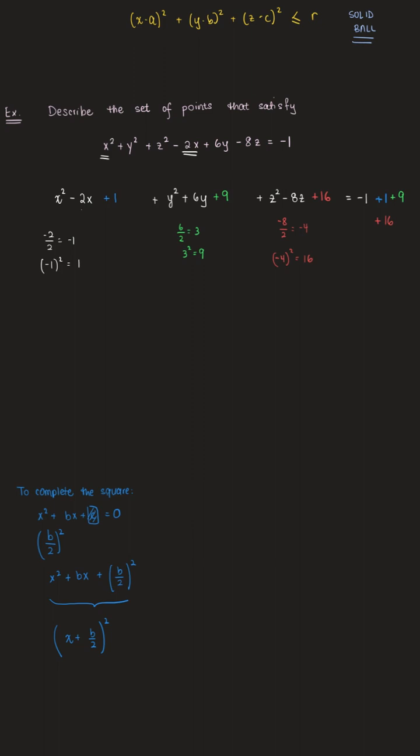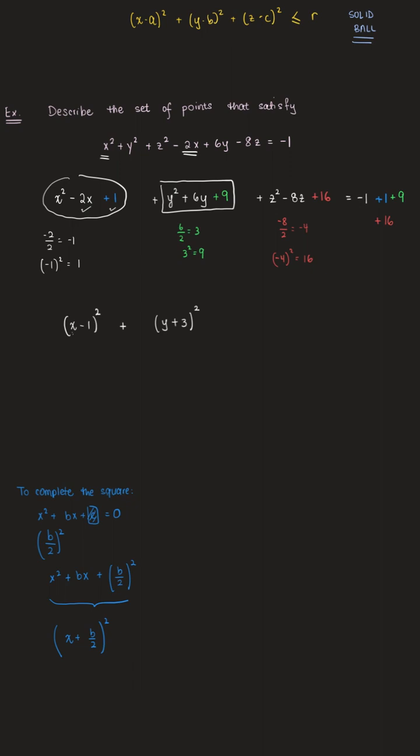For the first part, x squared minus 2x plus 1 will factor into x minus 1 squared, a perfect square. You can check by foiling: x squared, then the first times the second gives me minus 2x, and then -1 squared is +1, so that works. The second term, y squared plus 6y plus 9, will factor into y plus 3 squared.